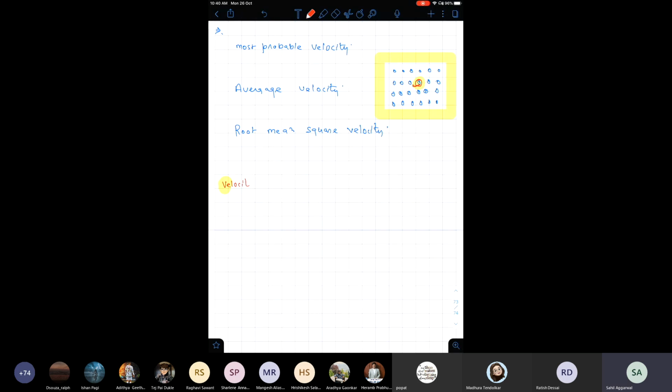Velocity accompanied by maximum number of particles. ठीक है, वो एटम भी हो सकता है, मॉलिक्यूल भी हो सकता है। उसको बोलते हैं मोस्ट प्रोबेबल वेलोसिटी. तो ये है √2RT/m.